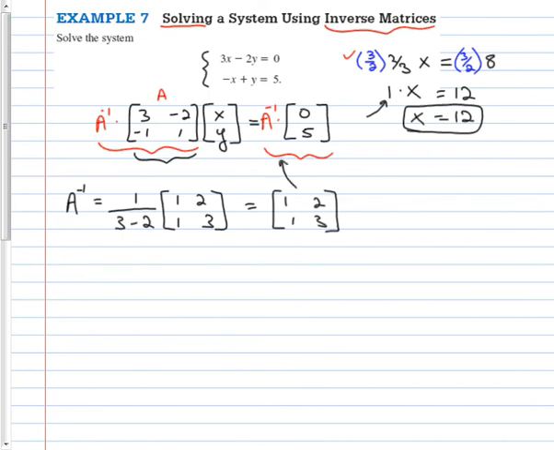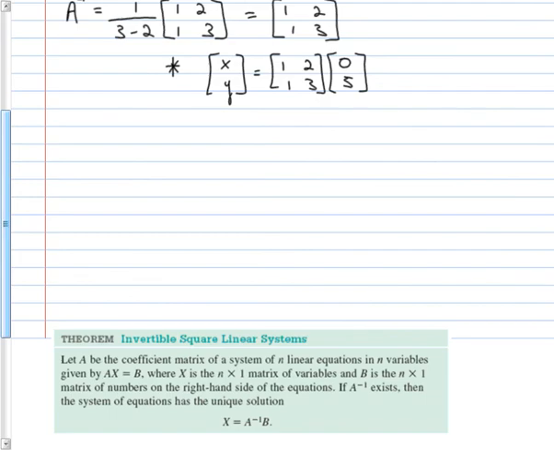So that is what we want to multiply by the constants, and we have our answer. So I will know that xy should equal this inverse 1, 2, 1, 3 times the constants 0, 5. This right here is the solution.